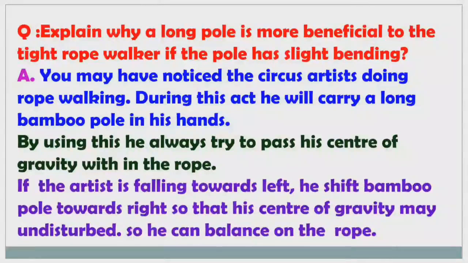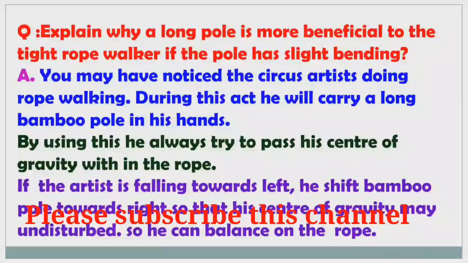If the artist is falling towards the left, he shifts the bamboo pole towards the right, so that his center of gravity is undisturbed. If he is falling towards the right, then he shifts the bamboo pole towards the left, so that his center of gravity always passes through the rope, so he can balance on the rope.